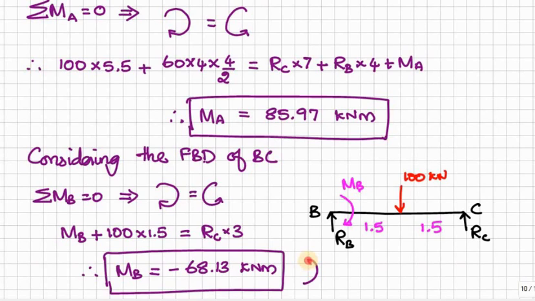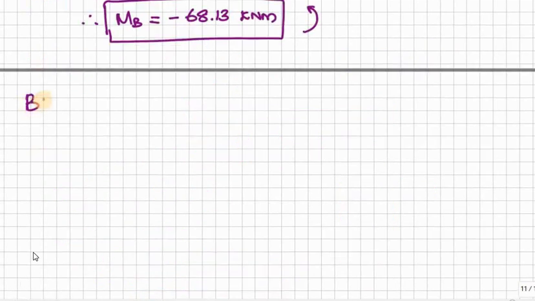Therefore, on member AB or BA, the moment MB is acting in the opposite direction, that is in the clockwise direction, as far as the member BA is concerned. So we have all the data, so we can start the bending moment drawing.